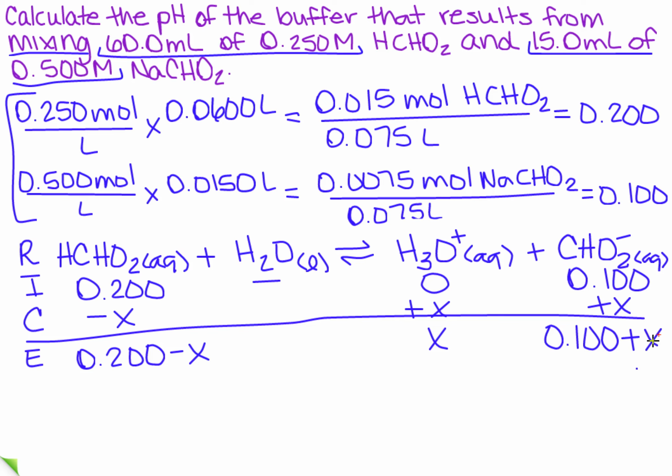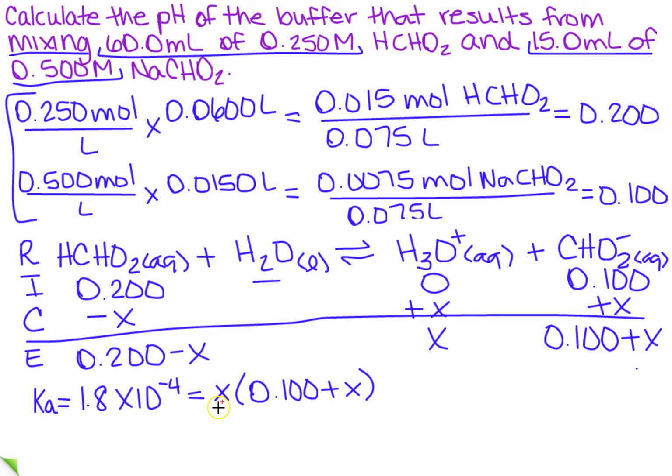As always, what we want to do is see if we can do the approximation. Doesn't take any time at all, right? So let's do that first. If you don't know what the Ka value is, make sure you look in the chart. However, it is 1.8 times 10 to the minus fourth. That's going to equal the product. So I've got x times 0.100 plus x divided by 0.200 minus x.